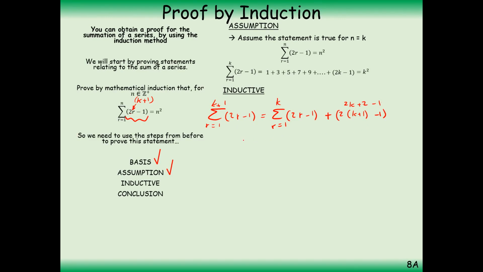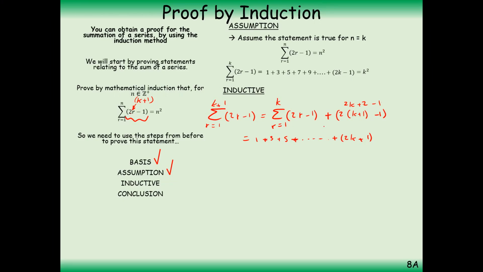So we will have the numbers 1, 3, and so on, up to the last number, which is 2k plus 1.